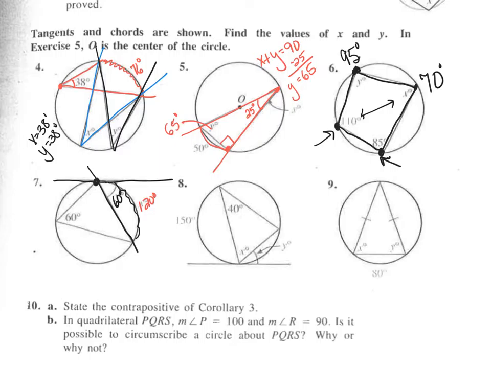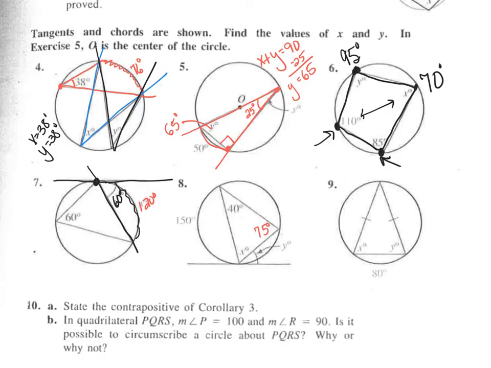Okay, now I'm looking at this inscribed angle. And notice that the intercepted arc is 150. So I need to take half of 150, and that would give me 75 degrees for this angle.